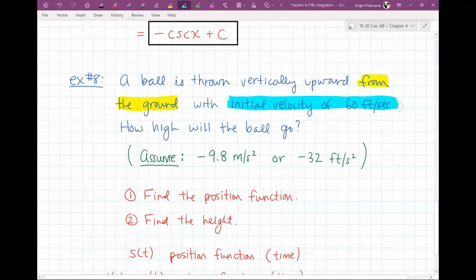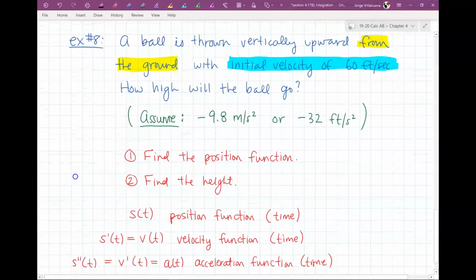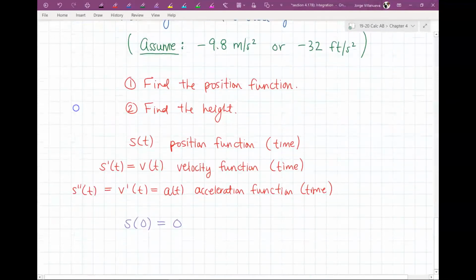Initial velocity, V sub naught, right? Or we could call it S prime of 0. In other words, velocity when time was 0. I can call it V of 0, right? Initial velocity, which is S prime of 0. What is it? What's the initial velocity? 60 feet per second. Right, by the way, this would be 0 feet.